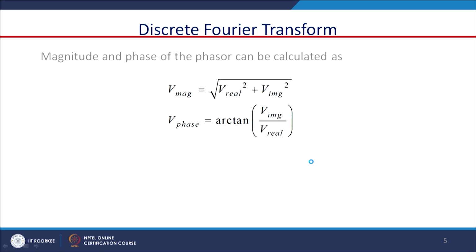After knowing this imaginary part and real part, if we take the real and imaginary squares, we will get the magnitude, and the tan inverse of the imaginary to real part will give us the phase angle of the corresponding voltage, or let us say current if you want. So we also have to decompose the current in that manner. We will have the real part and imaginary part, and then squaring together we will get the magnitude and also the phase angle.